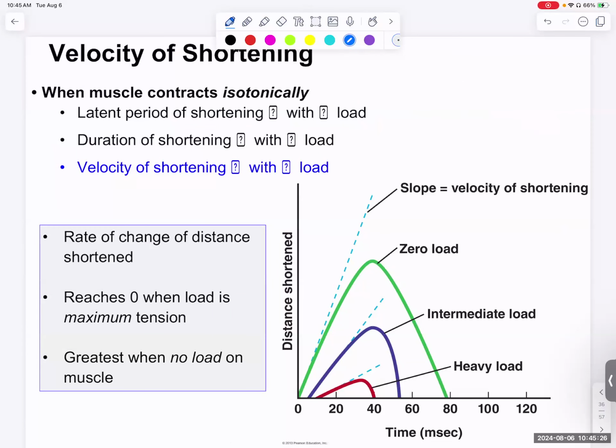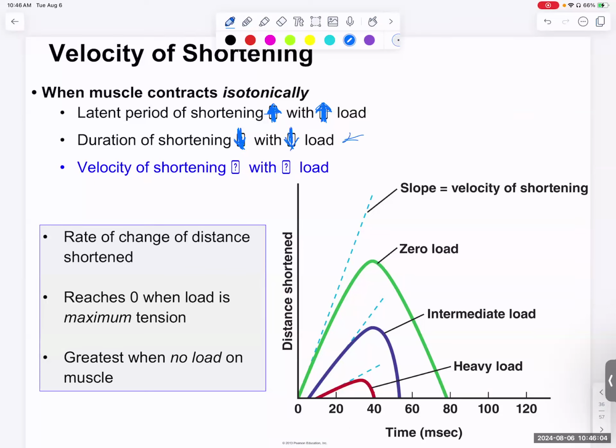Velocity of shortening, how fast can you shorten? Really depends on how long the latent period is, right? So the latent period of shortening increases with increasing the load. Larger loads take a lot longer to move than small loads. So the duration of shortening is going to decrease with decreasing load.